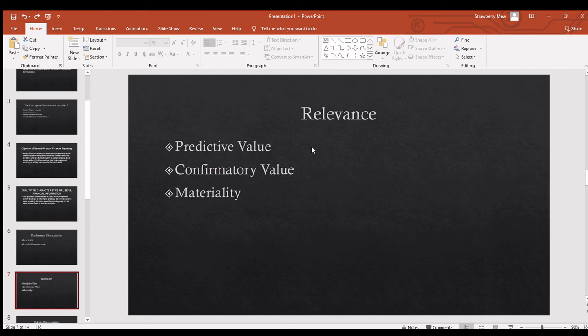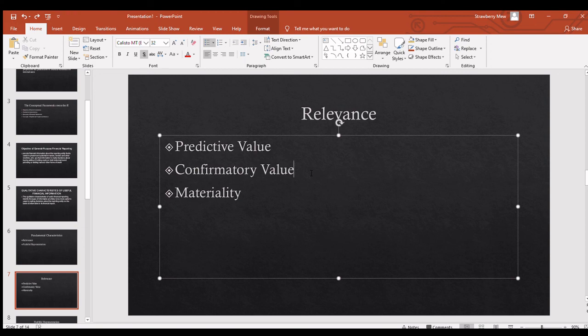Okay, kapag an information is capable to make a difference in the decisions of the users, then it is relevant. Okay, so relevance, financial information must have two values in order for it to be relevant. It should have a predictive value and a confirmatory value.